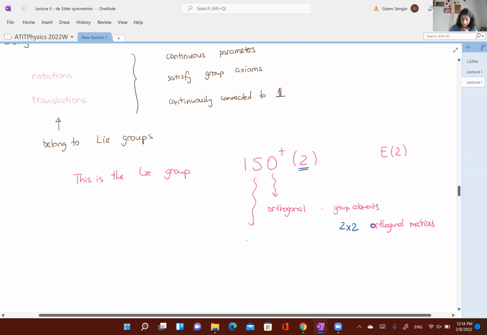S stands for special, but the specialness of it is the determinant equals 1. So this bit makes rotations.